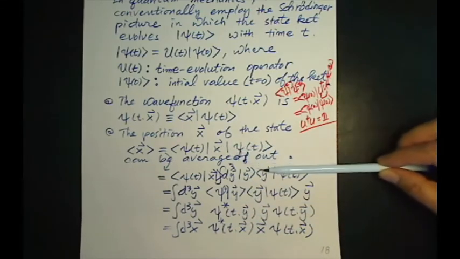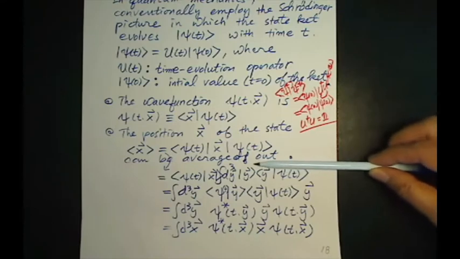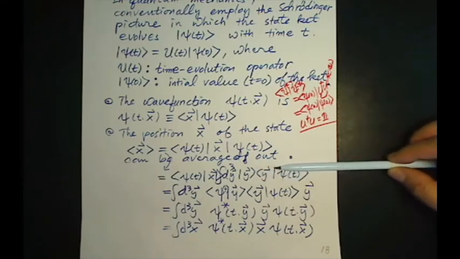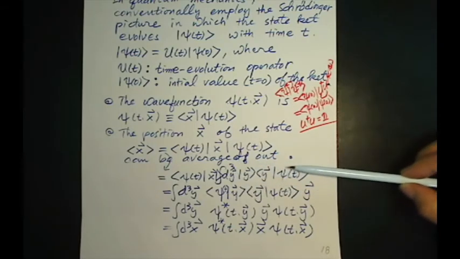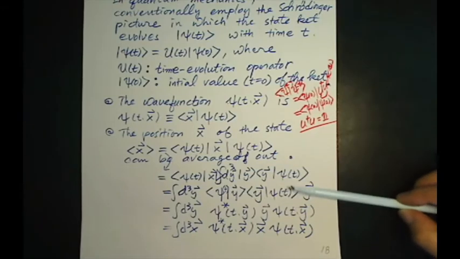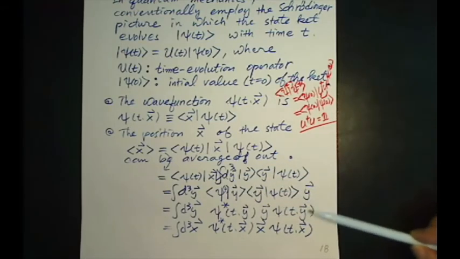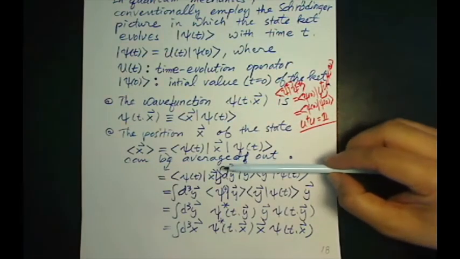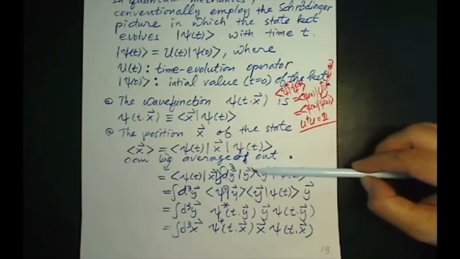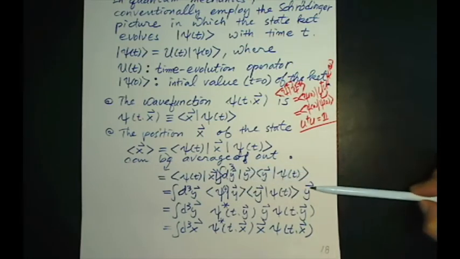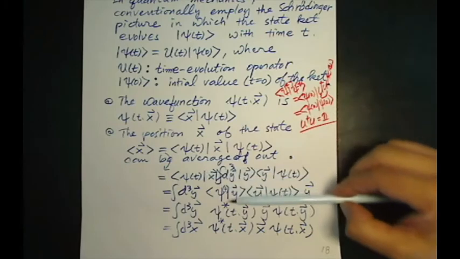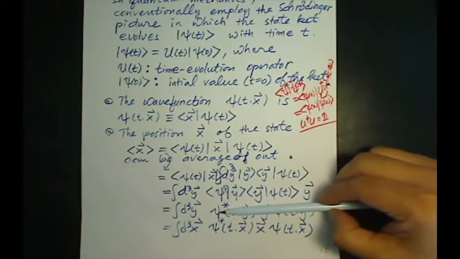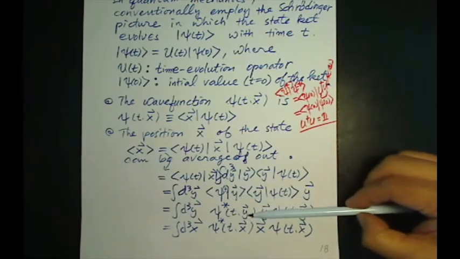We just insert the identity, that is the integral of the direct product of the coordinate ket and bra, and by using this we find that this is a wave function at time t. The position operator applied to the position ket, we read off the coordinate as y, and then this is sandwiched to find that this is psi star at time t at y.